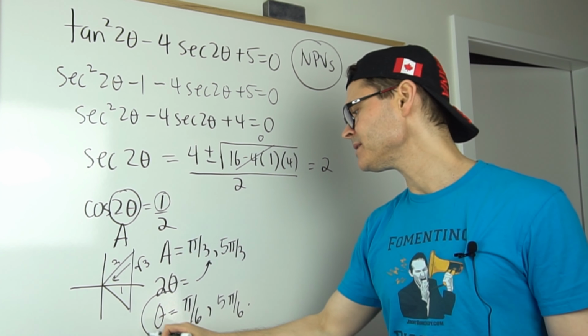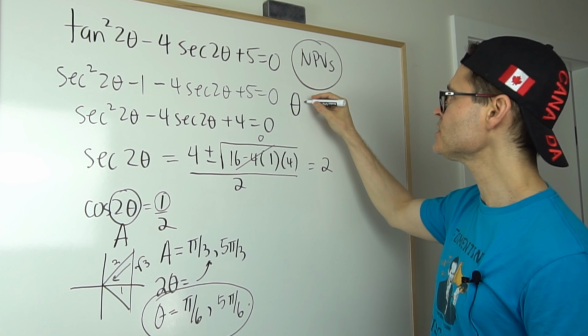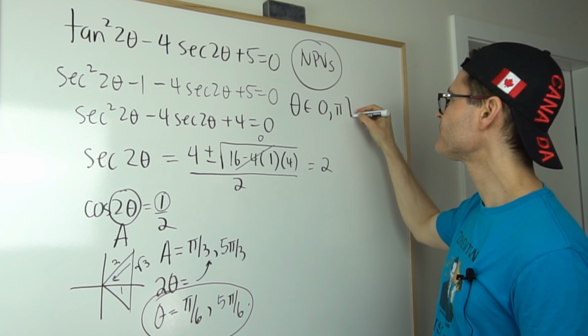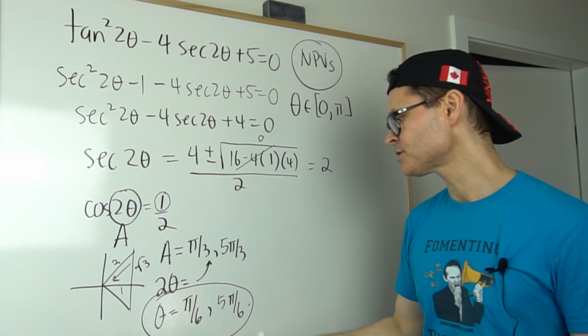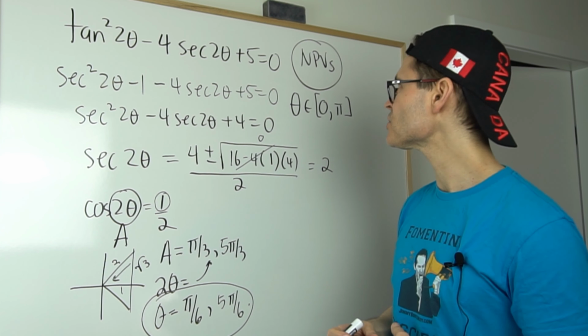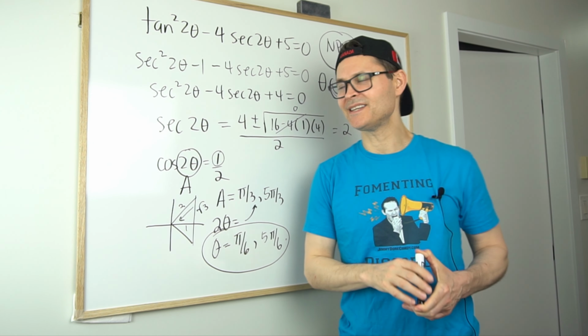I meant to indicate too that I only want answers between 0 and pi. And these answers are between 0 and pi, so I don't have to generate any other answers off of them. All right, there's our trig question for today.